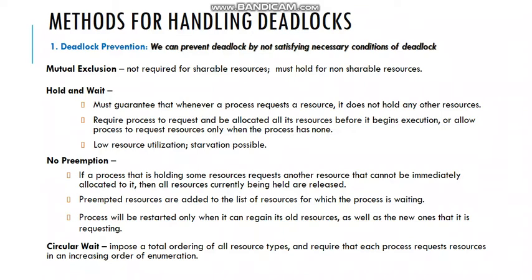So actually we'll go with hold and wait. So what hold and wait means? Hold and wait, how we can not satisfy that condition. So there can be two things what we can do. So it must guarantee that whenever a process requests a new resource, it does not hold any other resources. Okay, so we'll see with the example. Then whenever a process requests a resource, it should be allocated before its execution begins.